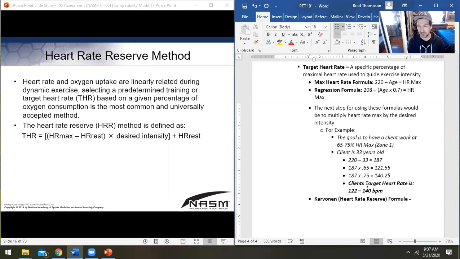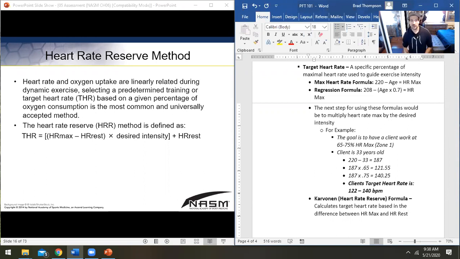This is going to calculate target heart rate based on the difference between heart rate max and heart rate rest.